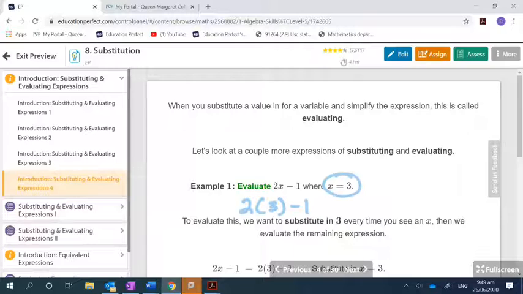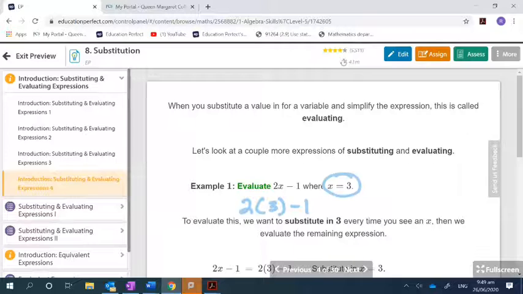Wait, so we wouldn't be allowed to write 2 times 3 minus 1? Well, it's just neater if you do the bracket. So get used to using the bracket. I'll show you why later. Now let's do the math.